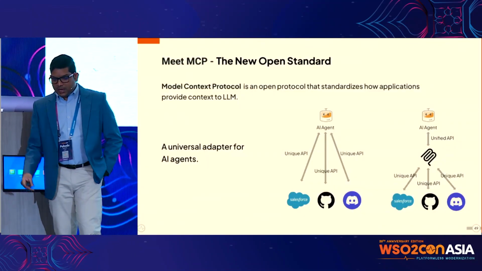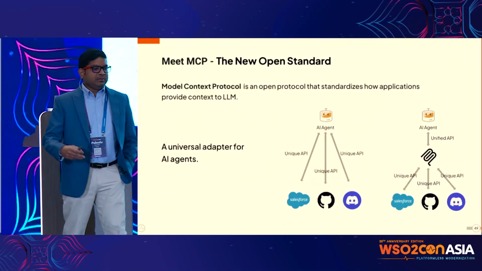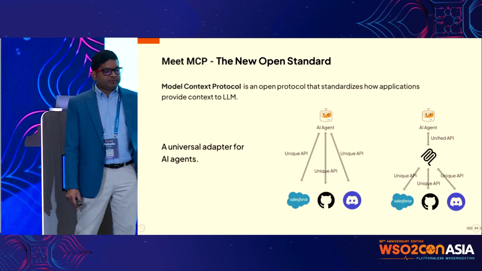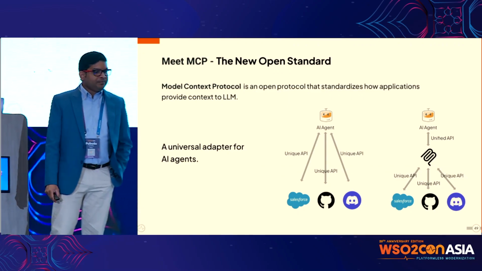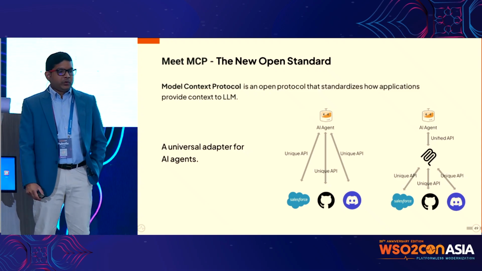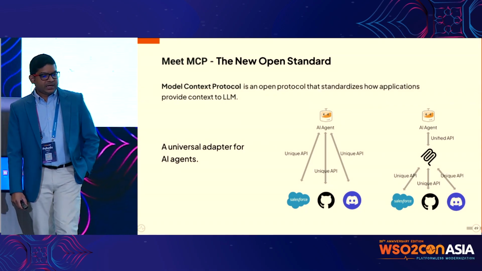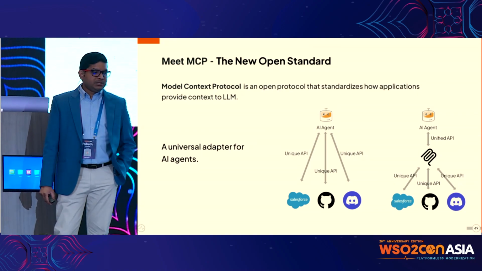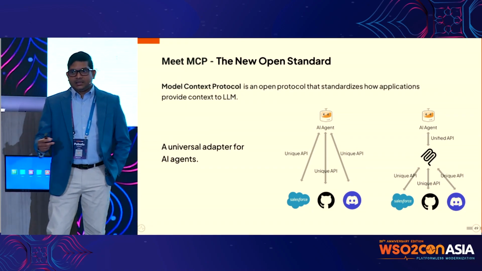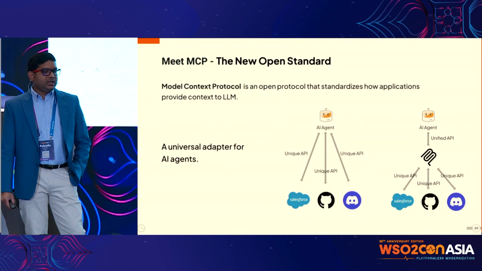So this is where we have this MCP, a new open standard introduced by Claude, the Anthropic. So the Model Context Protocol is an open protocol that standardizes how applications provide context to LLMs.